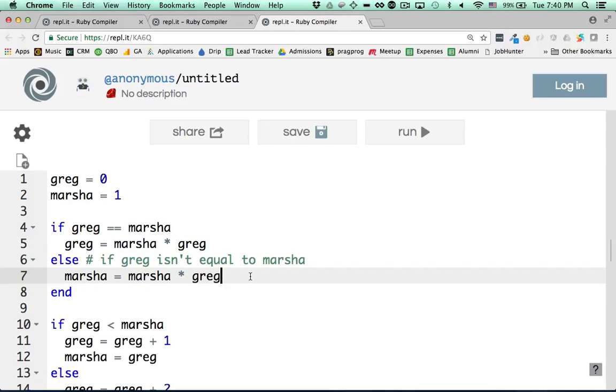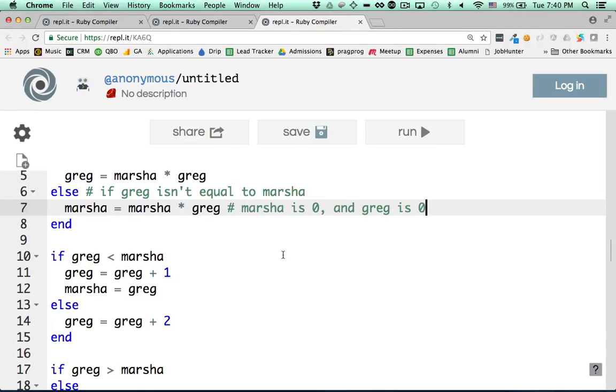So on line 7, what happens to Marcia? Marcia becomes 0 because Marcia is Marcia times Greg, which is the equivalent of saying Marcia is 1 times 0, which is 0. So Marcia is 0 and Greg is 0.